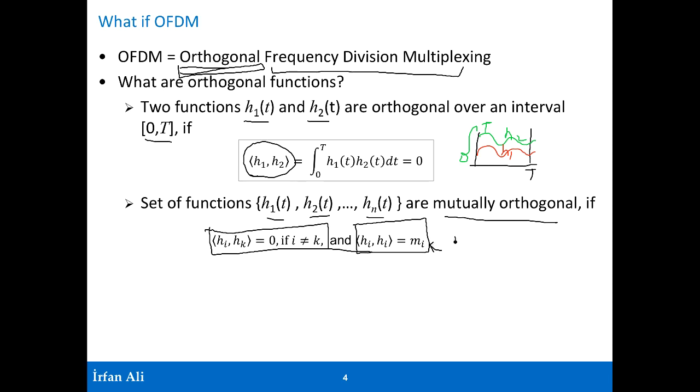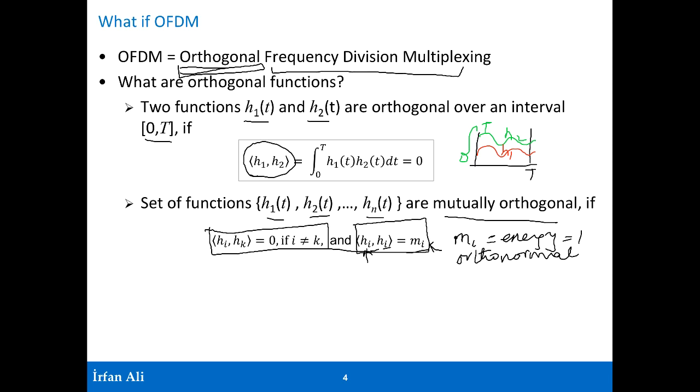And if mi, which is the energy in the ith signal, is equal to 1, then we say that this function hi is not just orthogonal, but orthonormal. So orthonormal means these functions are not only orthogonal to each other, but the energy in each of these functions is equal to 1.